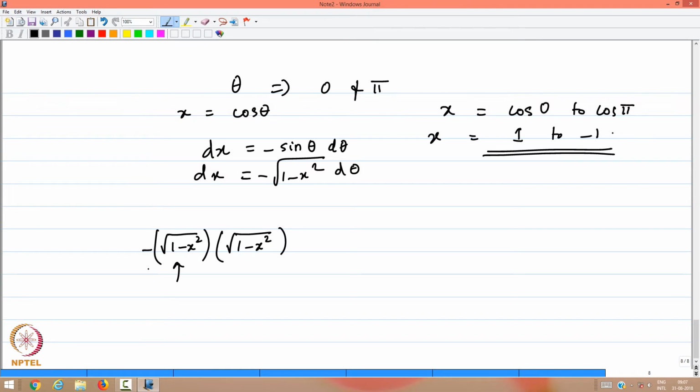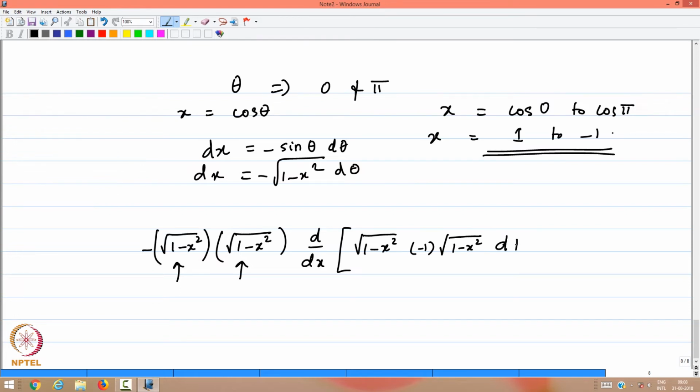This comes from the d by dx expression. This comes from the sin theta that is already there, and then you have the d by dx acting on the square root of 1 minus x squared. This is the sin theta expression, and then there is a minus sign for the d by d theta, which will also have a 1 minus x square.